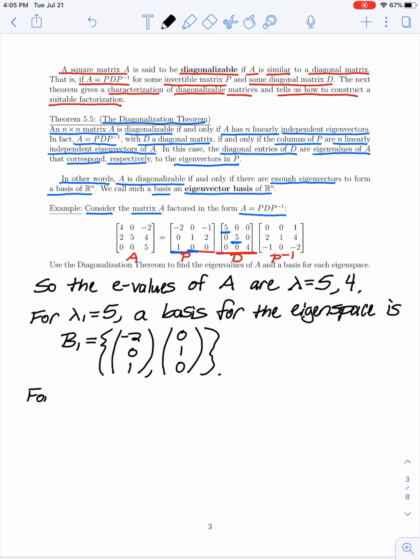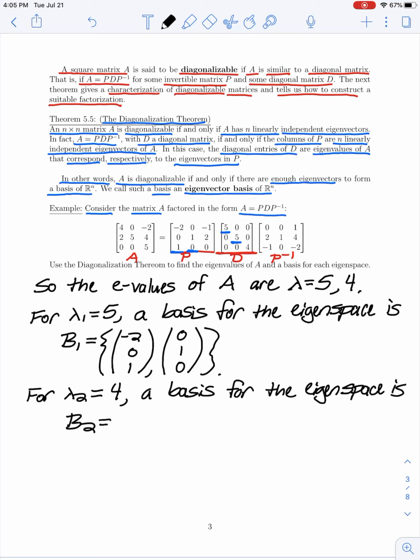Now for the eigenvalue lambda 2 equals 4, a basis for the eigenspace is, let me call it B2, which would consist of the single vector, which is the third column of P, -1, 2, 0.